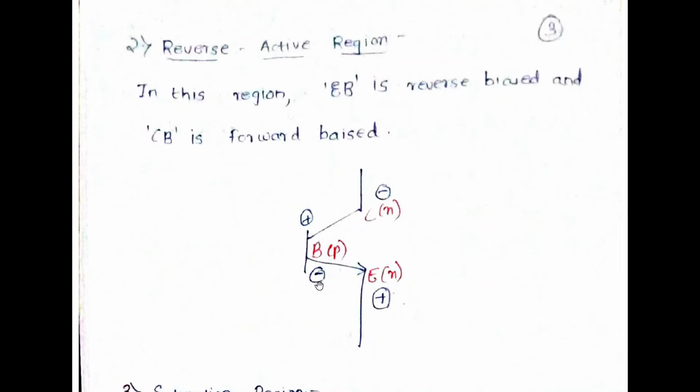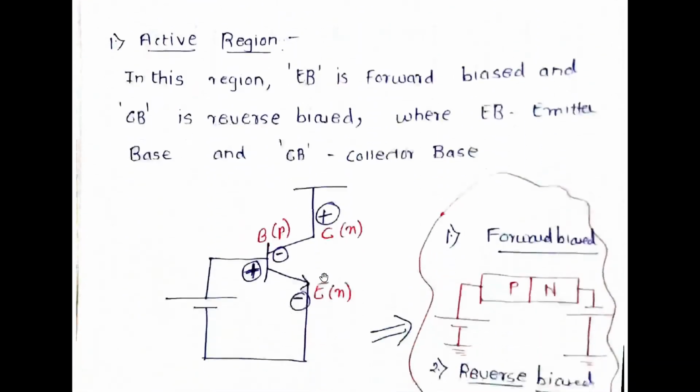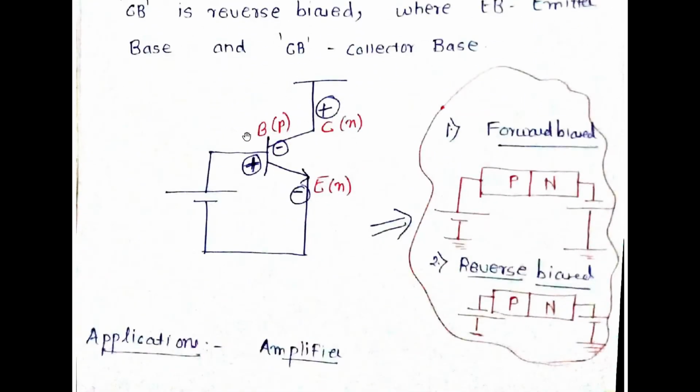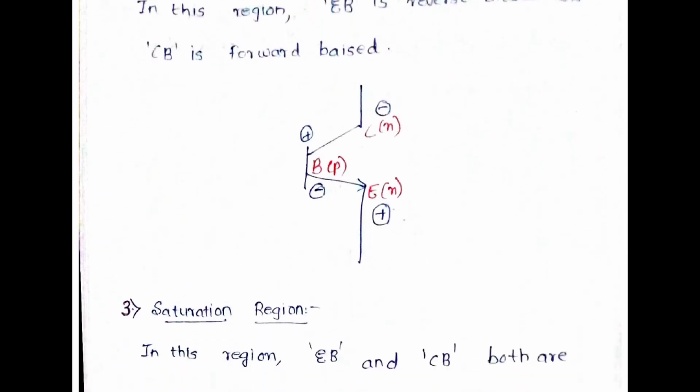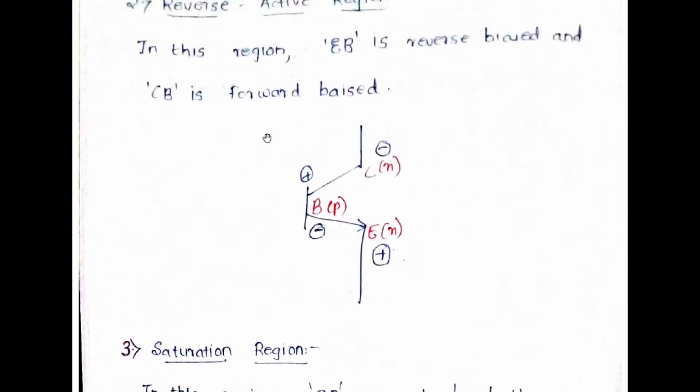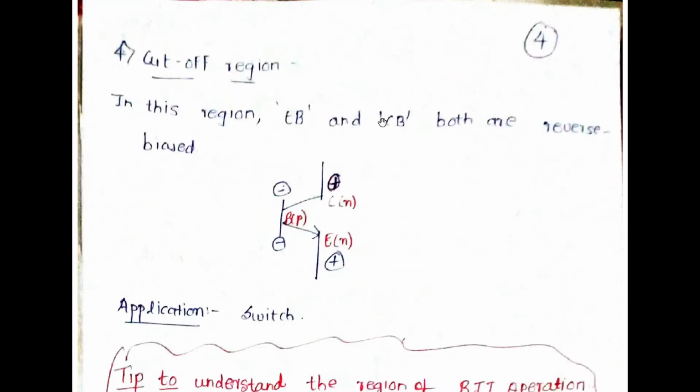So it is completely opposite to the active region. In the active region, my CB is reverse biased and EB is forward biased, whereas in the reverse active region, the EB is reverse biased and the CB is forward biased.